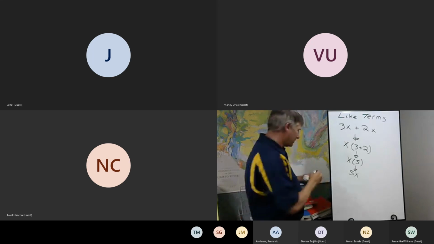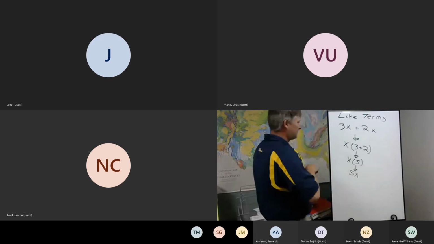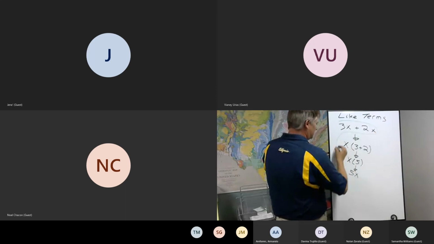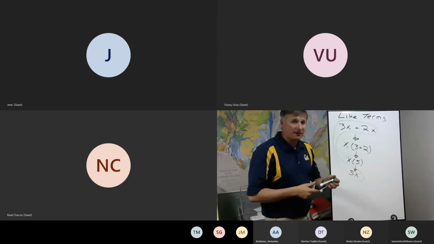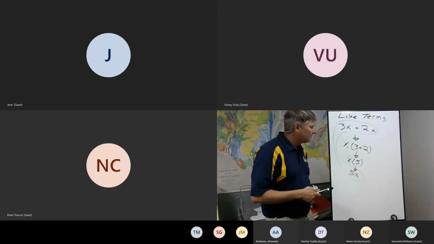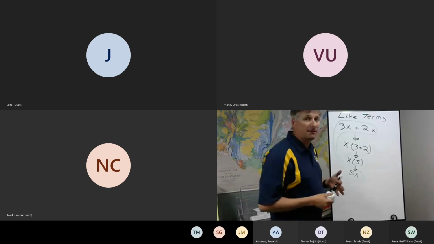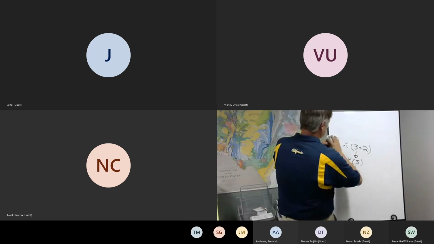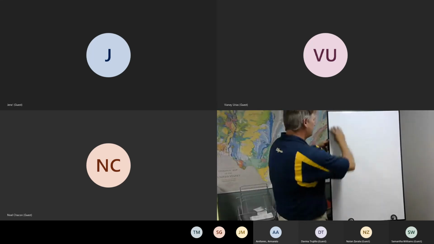Now here's the key part. What we get is 3x plus 2x combined to give us 5x. So in general, this is what we can say. Because it looks like all we did was just add the 3 and the 2.